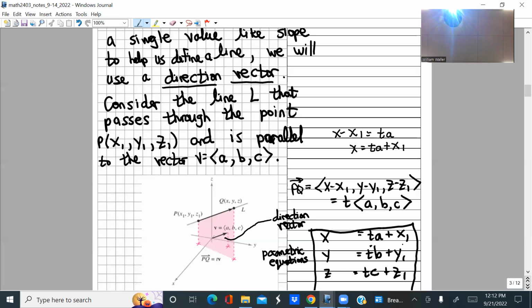Fortunately, we're not going to be working with lines that much in 3-dimensional space. But that's how lines work. When we deal with lines in 3-dimensional space, we'll usually be dealing with vectors instead of lines.